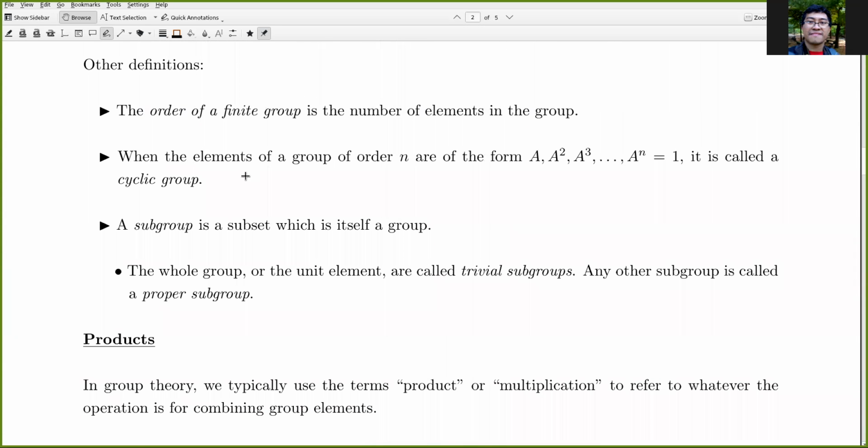Other definitions: the order of a finite group is the number of elements. When the elements of a group of order n are of this form, it's called cyclic, the cyclic group of order n. A subgroup is a subset of the group which is itself a group.